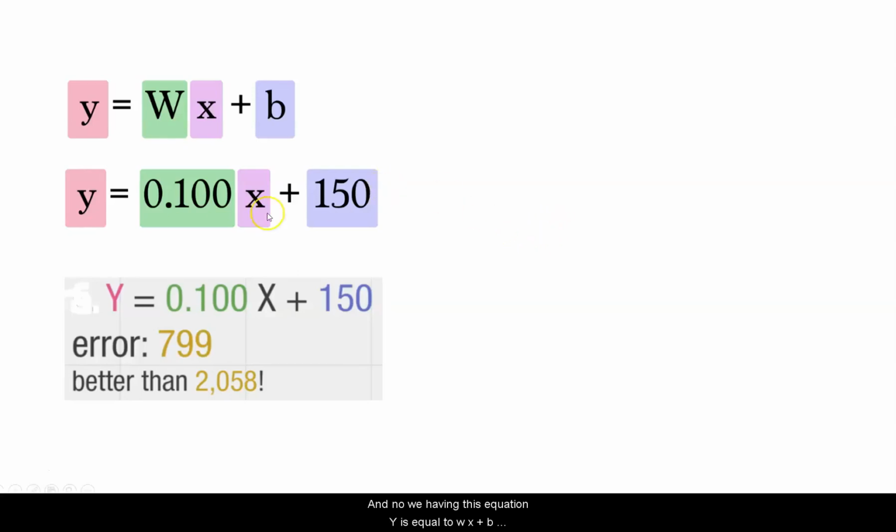And now having this equation y is equal to wx plus b, I further experiment with the values of w and b, and I came up with this model where w is equal to 0.100 and b is 150.